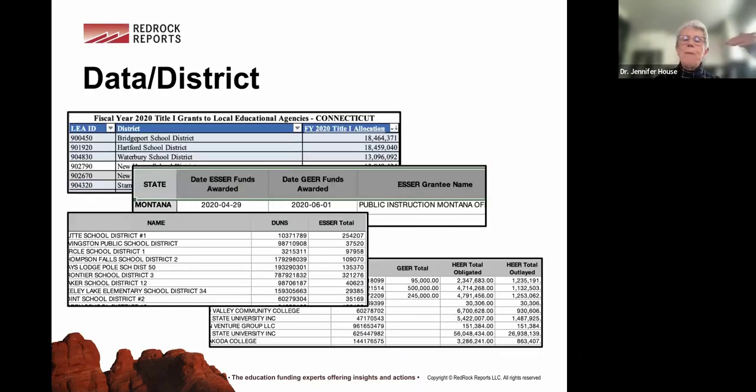Then you can, especially in the ESSER, click down to the district and it'll show you how much money is spent on that. The interesting thing where you see FY 2020 Title I allocations, the way that they decided how much money you get is based on your Title I enrollment.